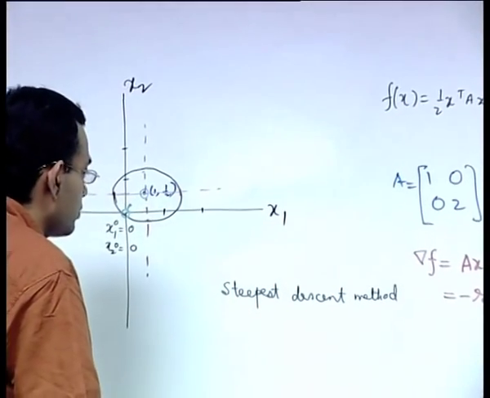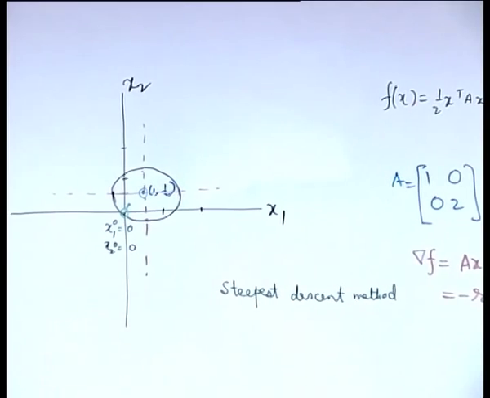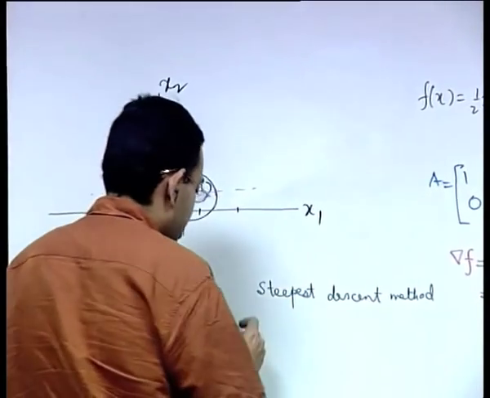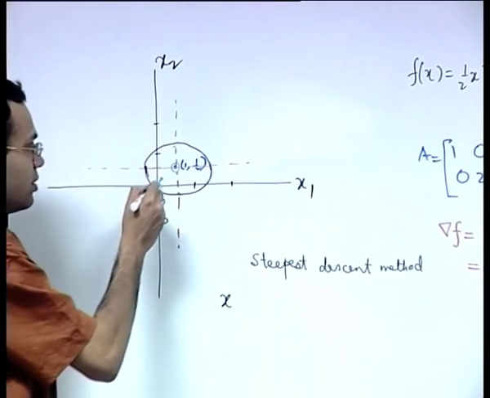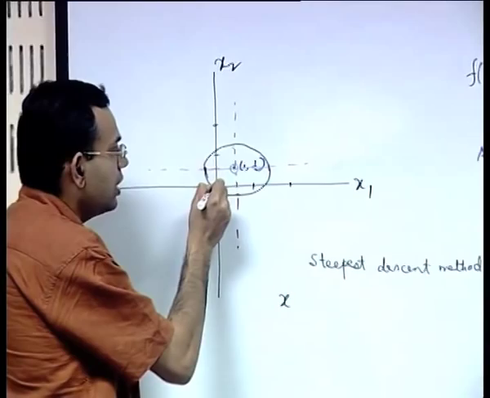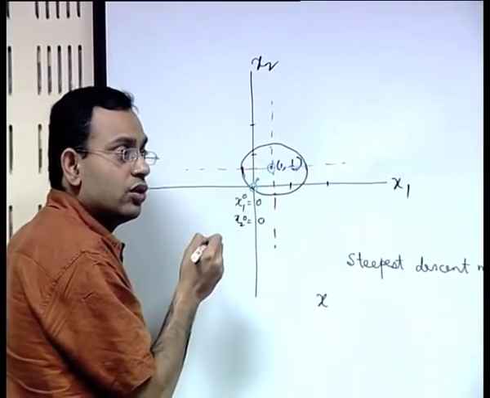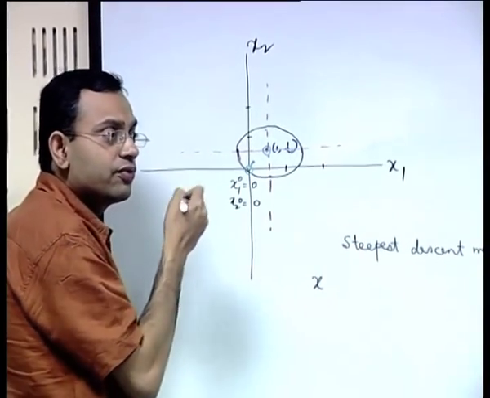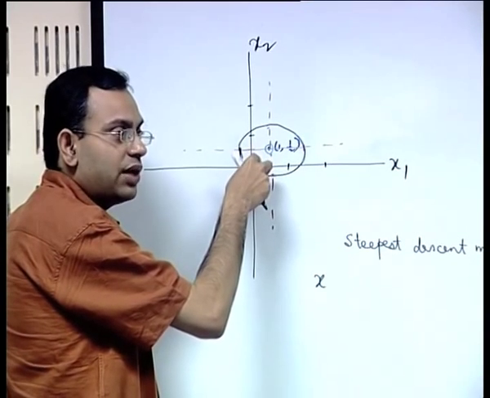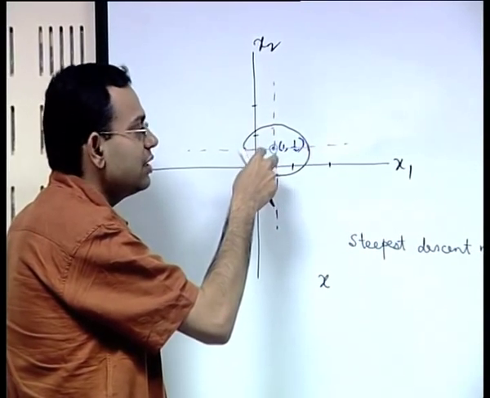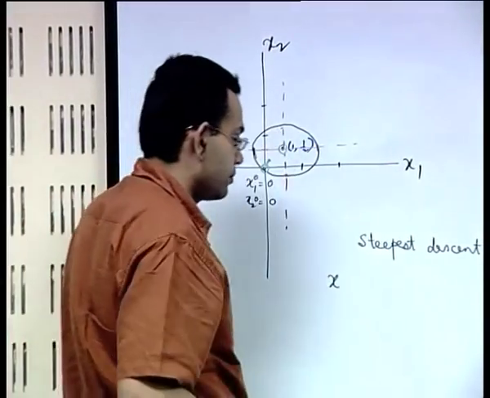In the next step we will update this x, so we will come up with a new x. We will start from the x0 point, which is 0 comma 0, move in the direction of the gradient of f and stop somewhere where the function is a minimum, and that will be the new iterate, the new value of x.